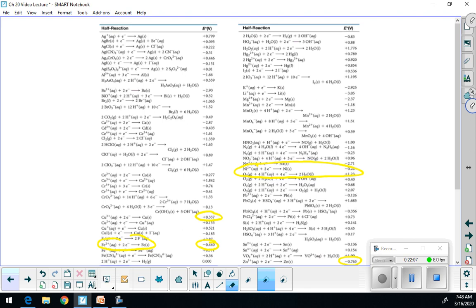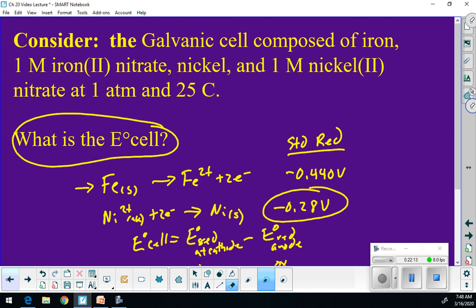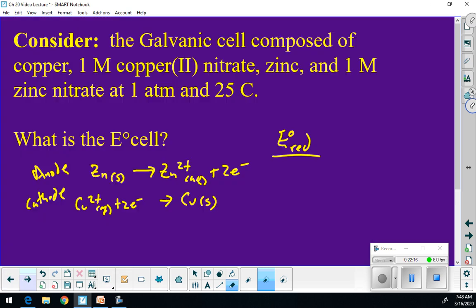So here we go. Let's back this up. Oops, got a forward. Here we go. My standard reduction potential is a negative 0.763 volts, and my copper is a 0.337 volts. So what am I going to do?